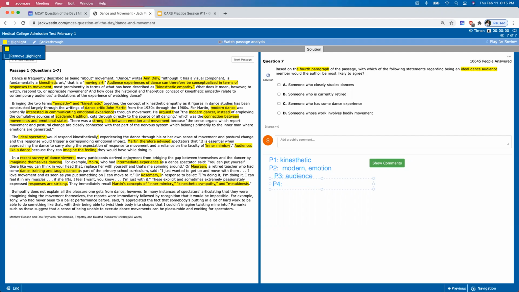Yeah, so most of this paragraph was about imagining themselves dancing. So they kind of had some experience with it, and I would just say that inner mimicry was important here.